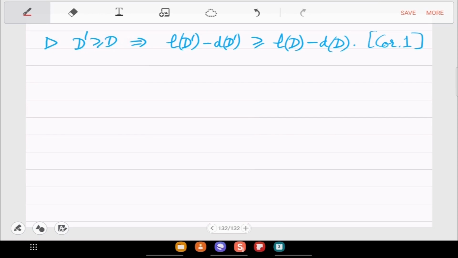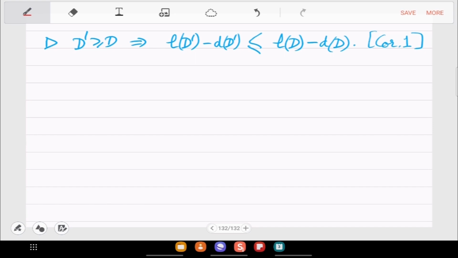So what this is saying is that if you make your divisor bigger, then the L dimension is better approximated. Sorry, have I made a mistake? Yeah, that's a mistake. It's less than or equal to. Yeah, it was an upper bound.